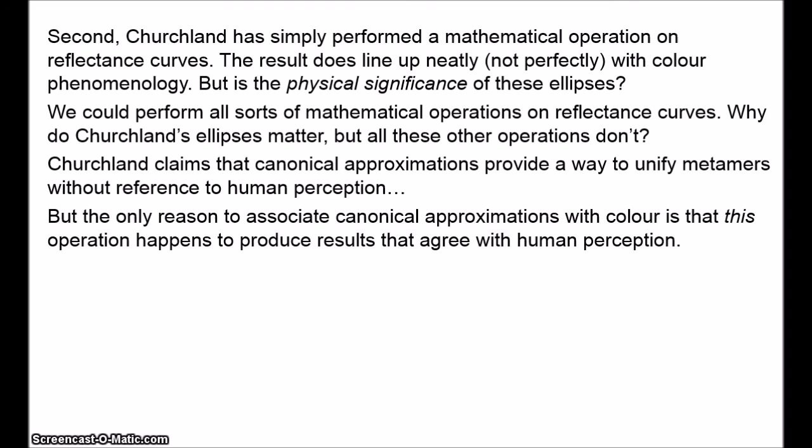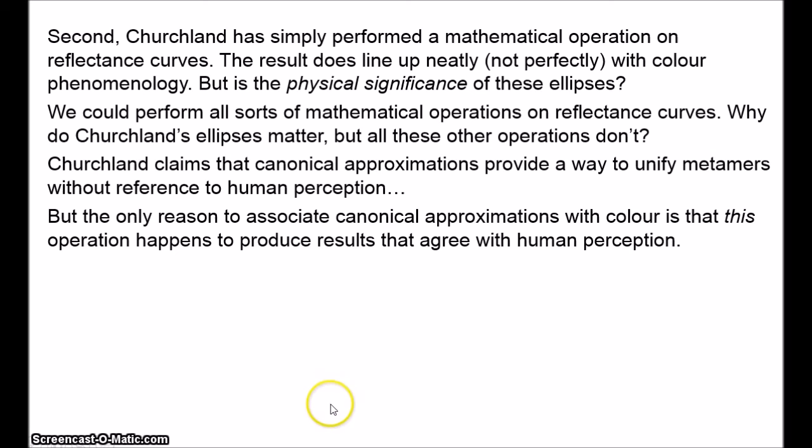Well, there are all sorts of mathematical operations we could perform on these reflectance curves to unify them, and they would be unified in all sorts of different ways. The only reason Churchland goes for this way is because this is the way that agrees with human perception. So, is this objective, or is perhaps Churchland smuggling in a kind of mind dependence? Is he smuggling in a sort of subjective element, rather like the anthropocentric realism of Byrne and Hilbert? So maybe that's something to think about.